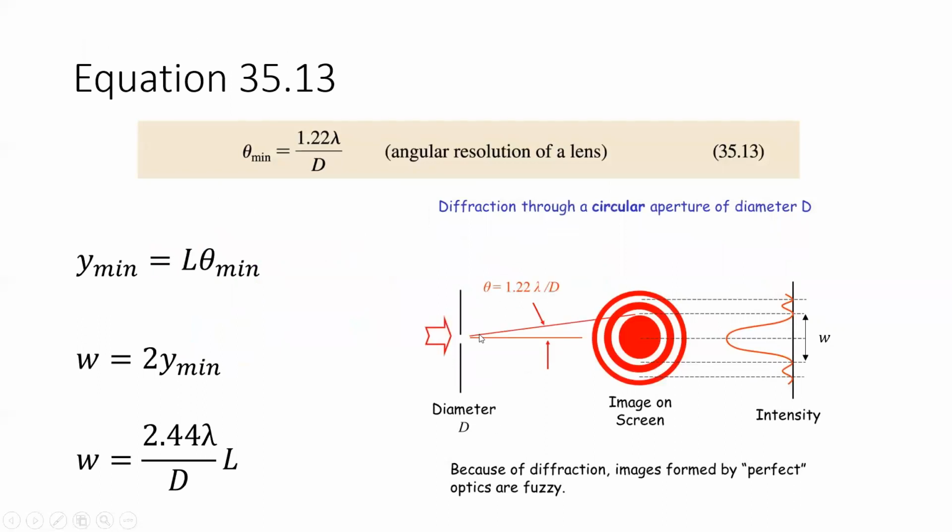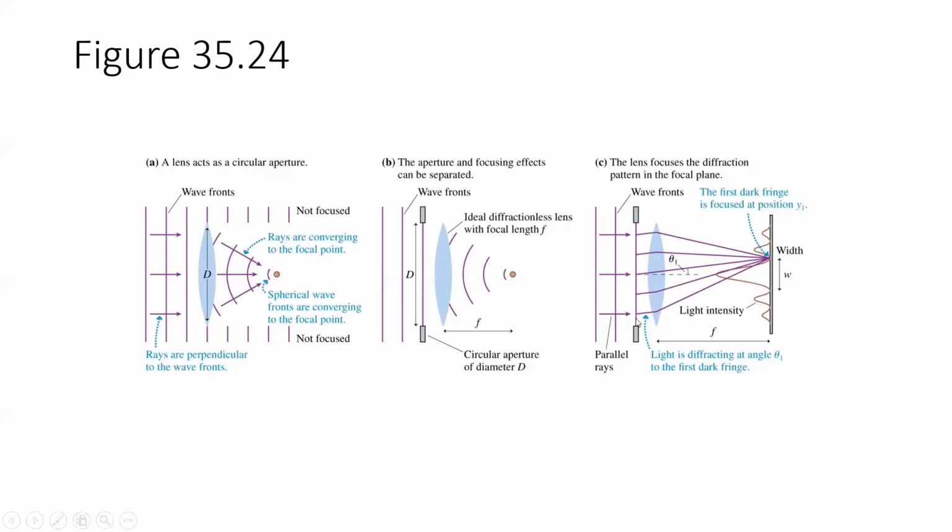This particular angle, theta 1 or theta min, is the direction in which all of the various waves coming from the circular hole would arrive at the screen out of phase. That's destructive interference. You would get a dark spot. And your book is suggesting that that direction won't change, even if you put a lens in front of the aperture. See, to me, as soon as you've placed a lens in front of the aperture, you've made this considerably more complicated. It seems like you'd have to go back to the drawing board to figure out in which directions you would have destructive interference.